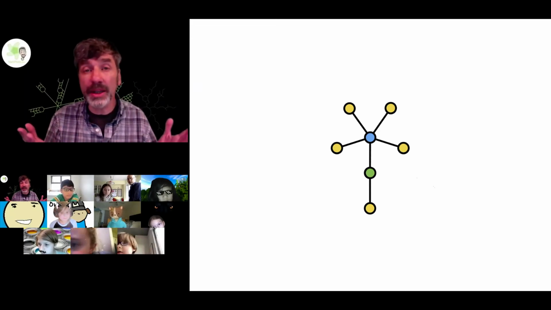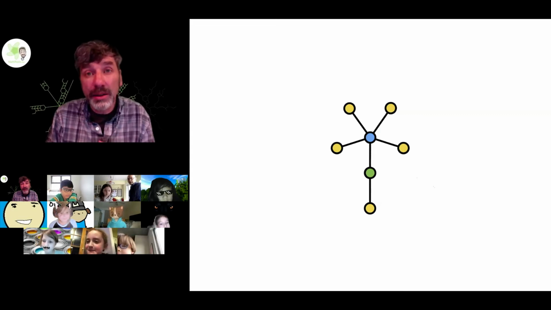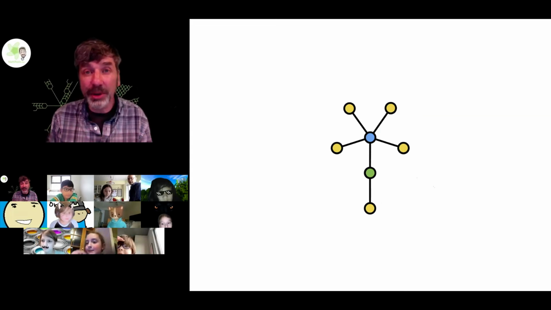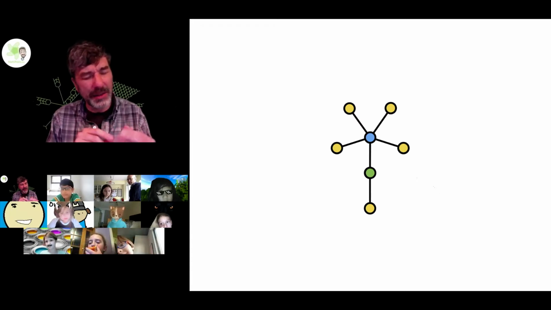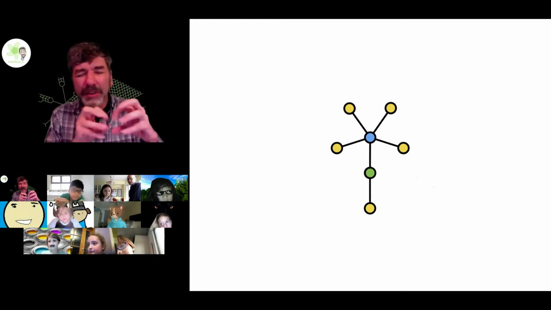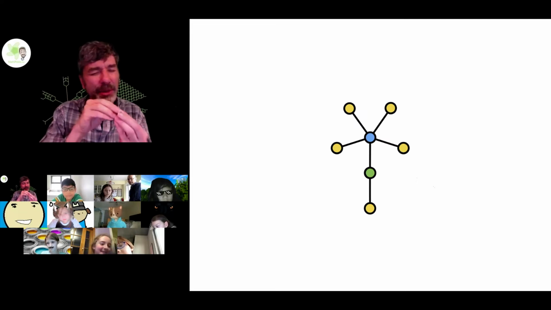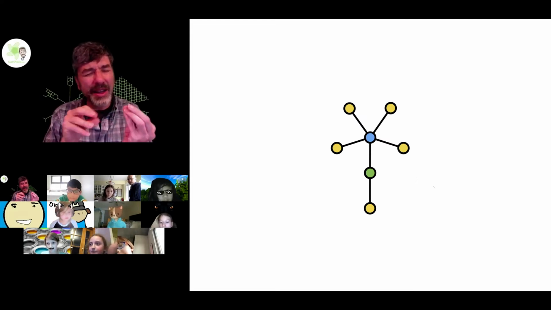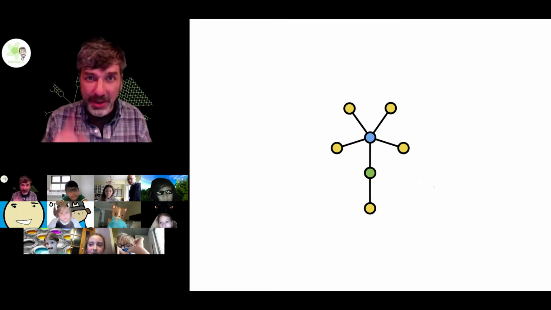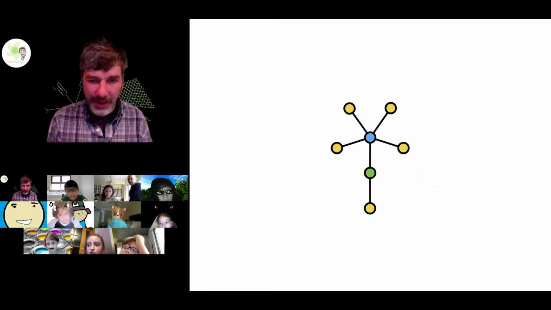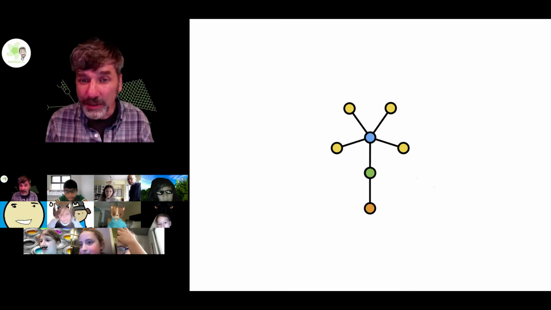So this one is unique. It's the only dot that is not connected to the blue one. That's enough. Now you could figure that out with your eyes closed, right? These don't have to be colored. You could be feeling, okay, that's the blue dot. And then this is the only dot that's not connected to it. Exactly right. So this cannot be yellow. We're going to color this orange.